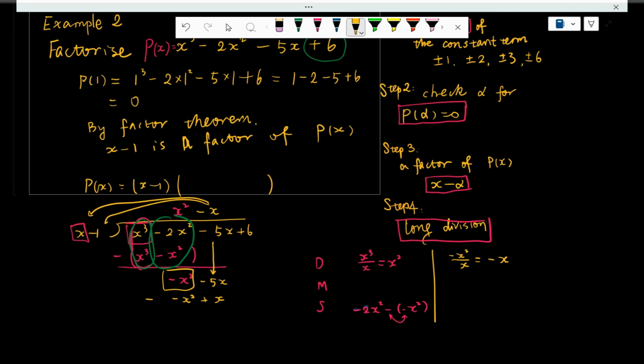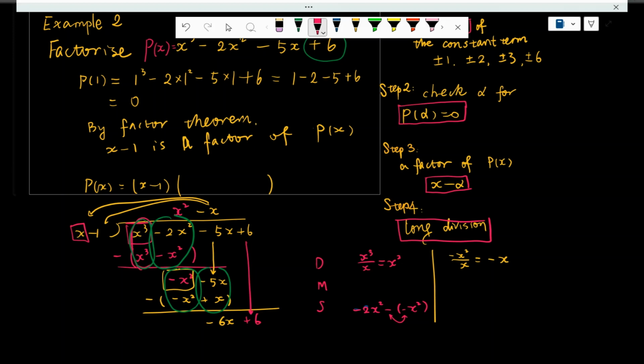Step 3, subtraction, minus sign, all others in the brackets, and subtract vertically. We will have the first column the same, second column negative 5x minus negative x, we have negative 4x... Second round finished. Then we bring down one more term of p of x, then plus 6 drops down.